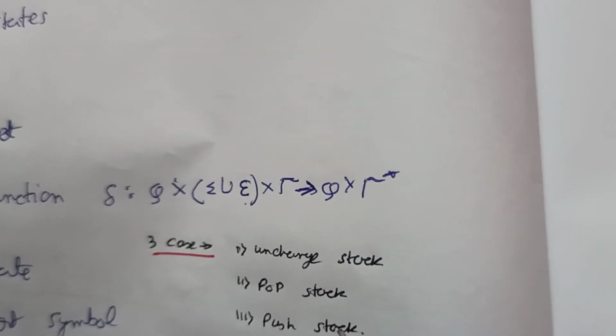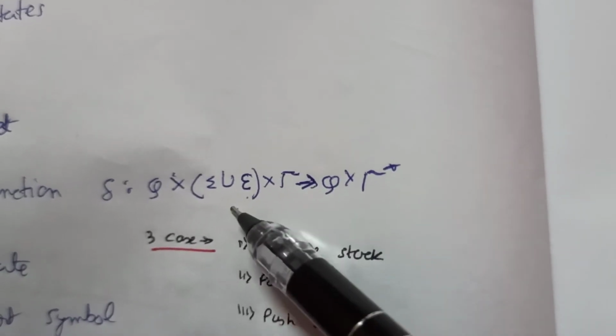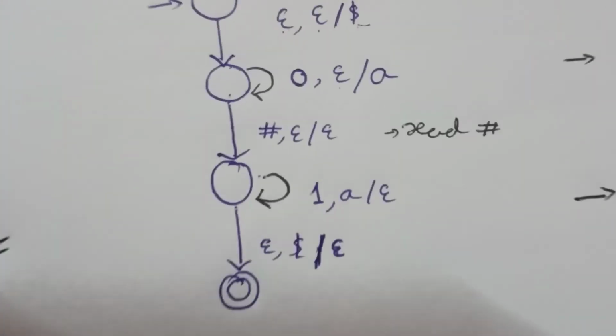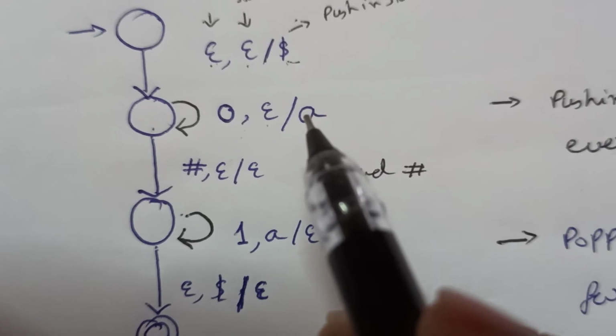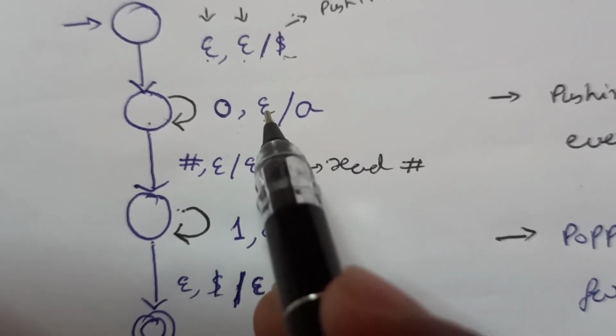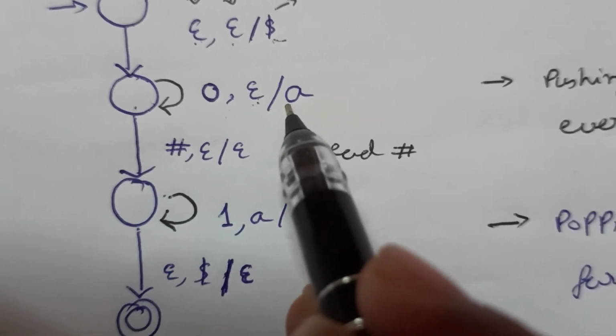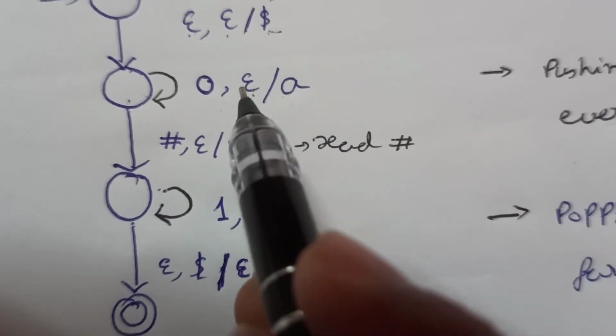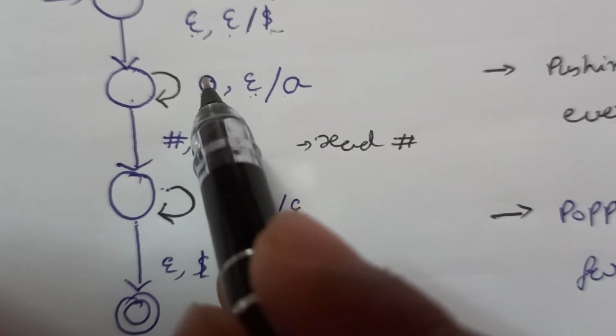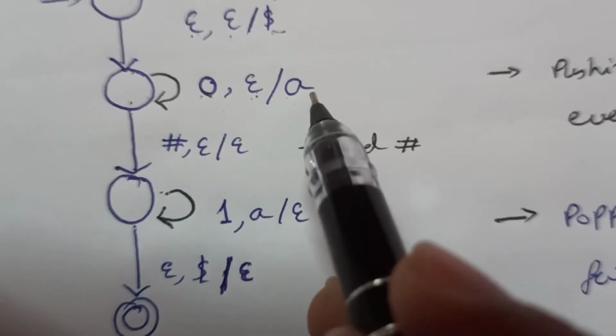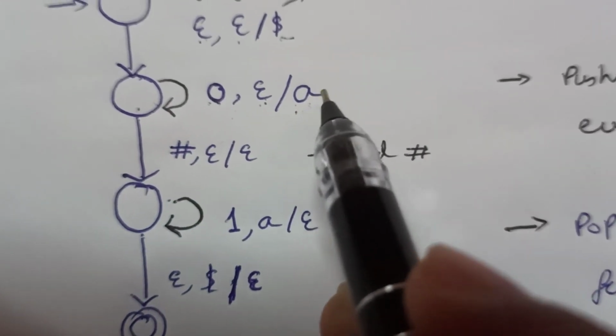So we are reading null from the stack, but after reading 0, we have a inside our stack. So whenever we are having 0 in our input symbol, we are pushing a into our stack.